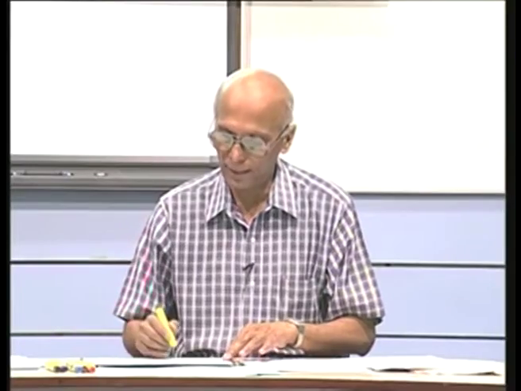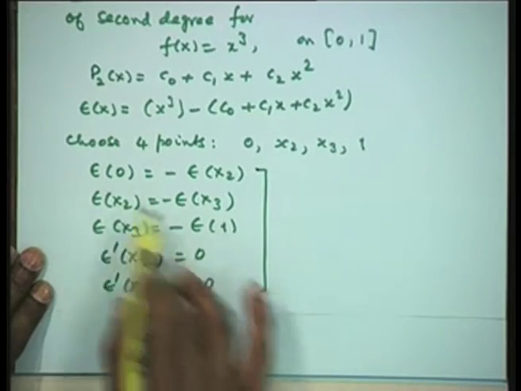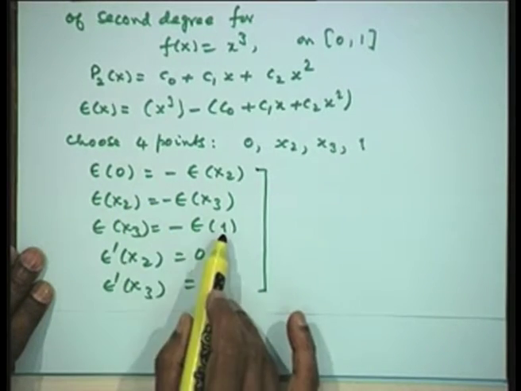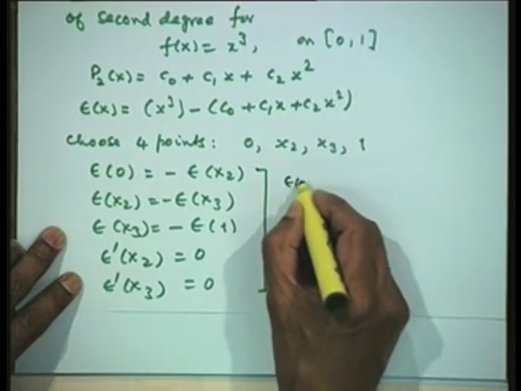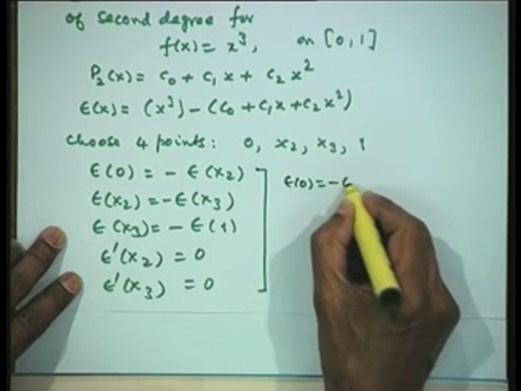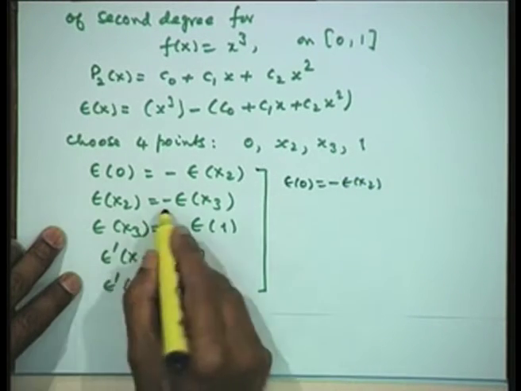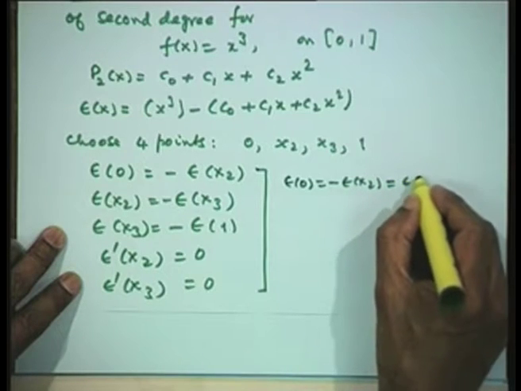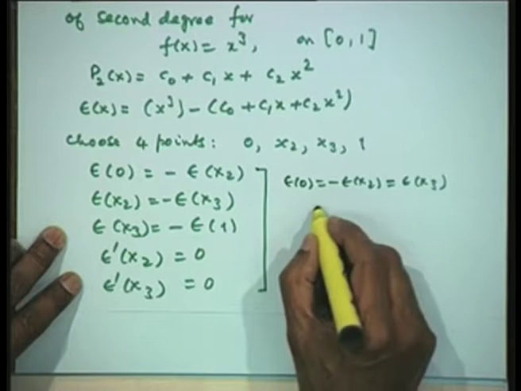Now while solving this system, as I mentioned earlier, we shall first solve the equation that combines the first and the last, because then there is no parameter. If you look at that one, epsilon 0 is minus epsilon x 2, so substitute a minus sign here, that is plus epsilon x 3, and plus epsilon 3 is minus epsilon 1.